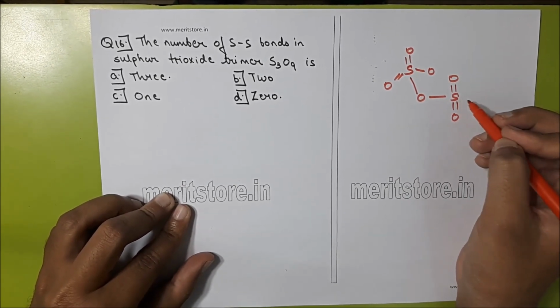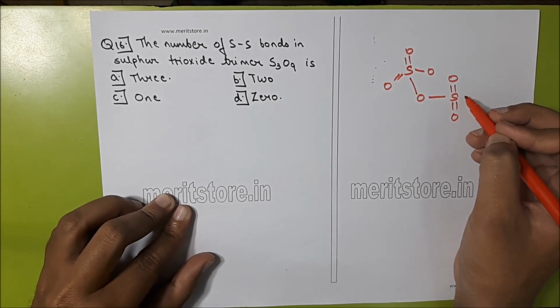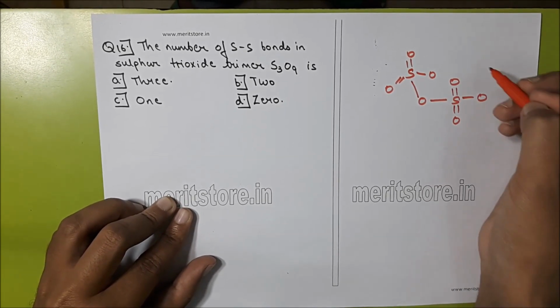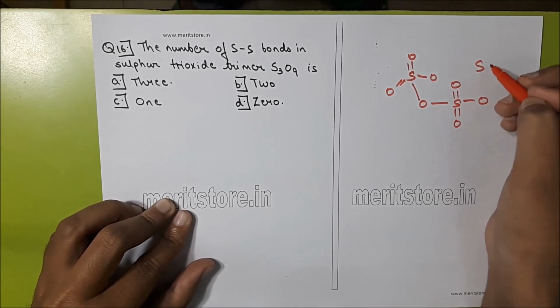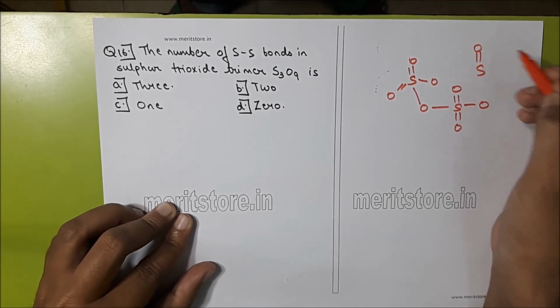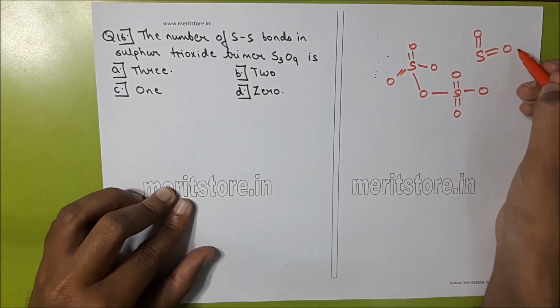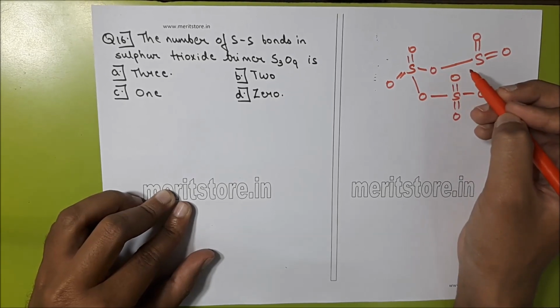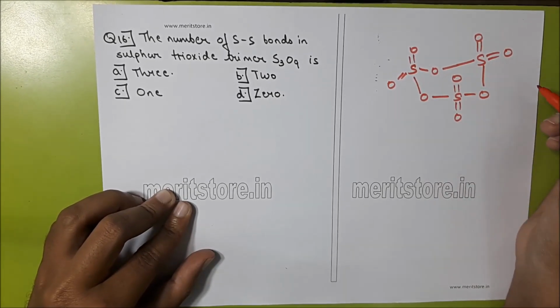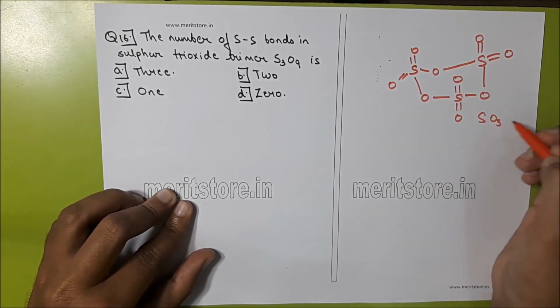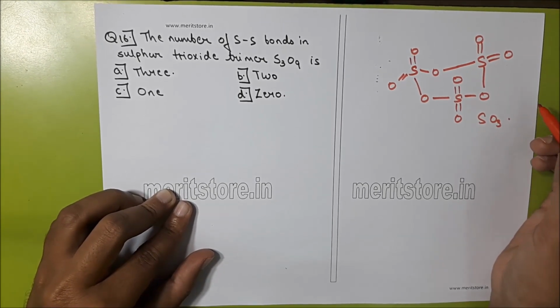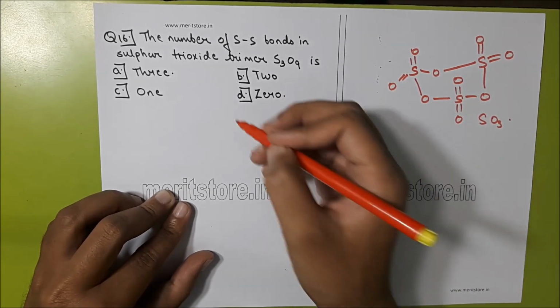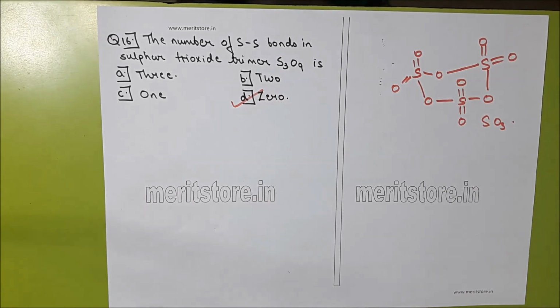The central sulfur is again double bonded to 2 oxygens and has a single oxygen atom. Then the third sulfur atom is double bonded to 2 oxygen atoms and has 1 single oxygen atom. So this is the structure of sulfur trioxide. There is no S-S bond, so option D is the correct option.